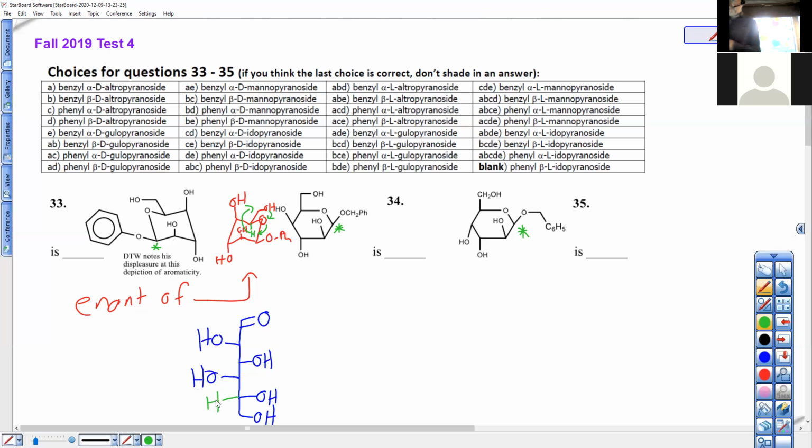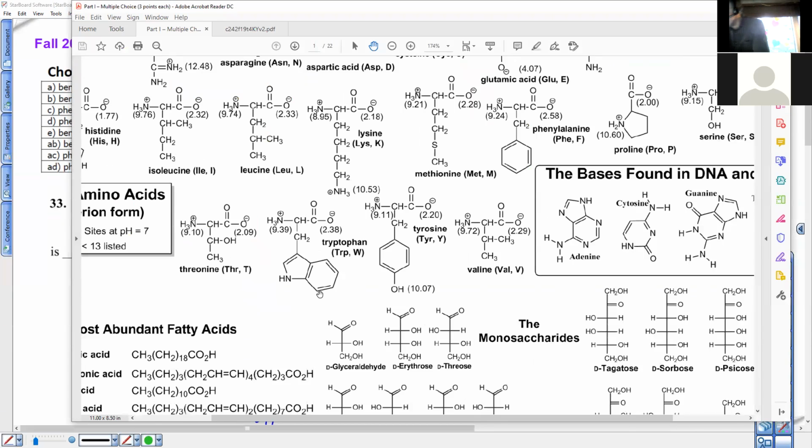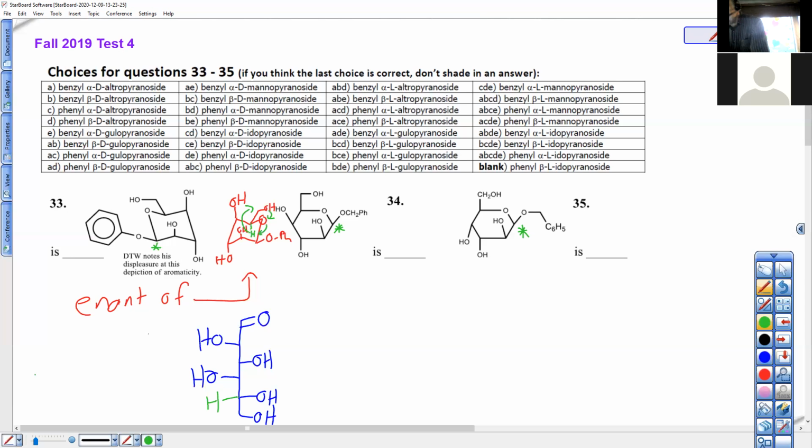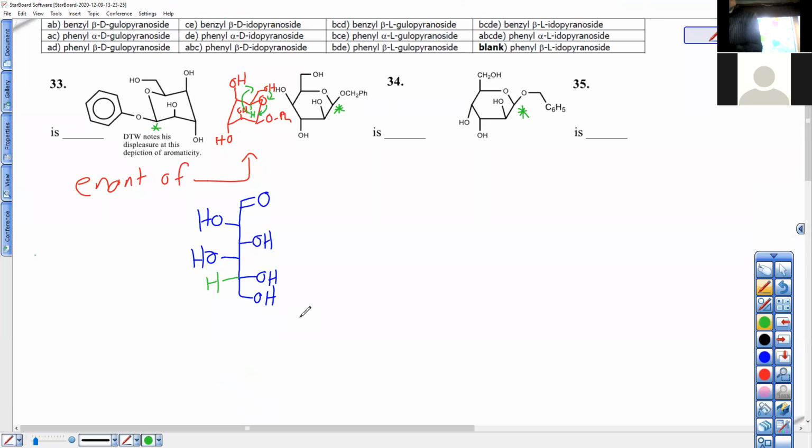And right, left, right, left, right. No idea. Can't remember that one. Seriously, I cannot remember the left, right one. Left, right is idose. So this is D-idose, the one we came up with when we did the mirror image.